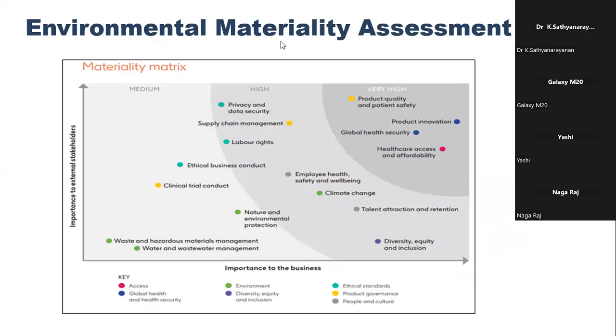My dear friends, here the first one is about environmental materiality assessment. In this, first, what you are doing as an organization: my product may be a clutch, a chemical, or any product or service. How is it going to create an impact on the environment outside my organization?